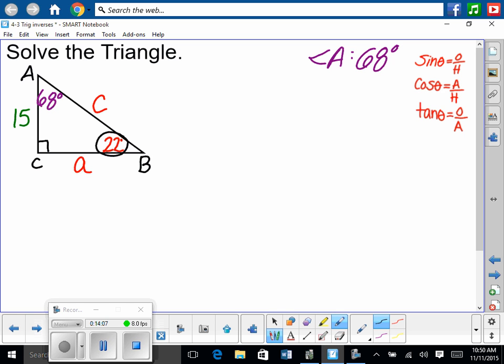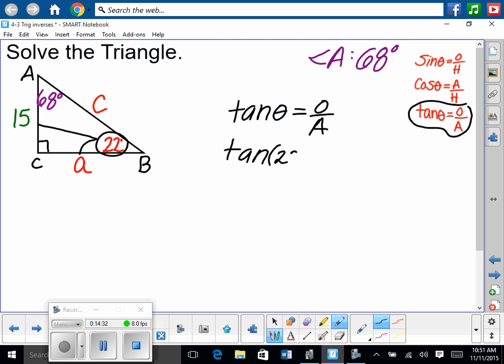So now let's set up a trig ratio to solve for A. We're obviously going to use 15, right? So we're going to be using the opposite and the adjacent. So which trig ratio for this one? Tangent. So I'm finding A. So tangent of theta is equal to opposite over adjacent. Are you all following me? Plugging in theta, we have tangent of 22 degrees is equal to the opposite, which is 15, over A, right?